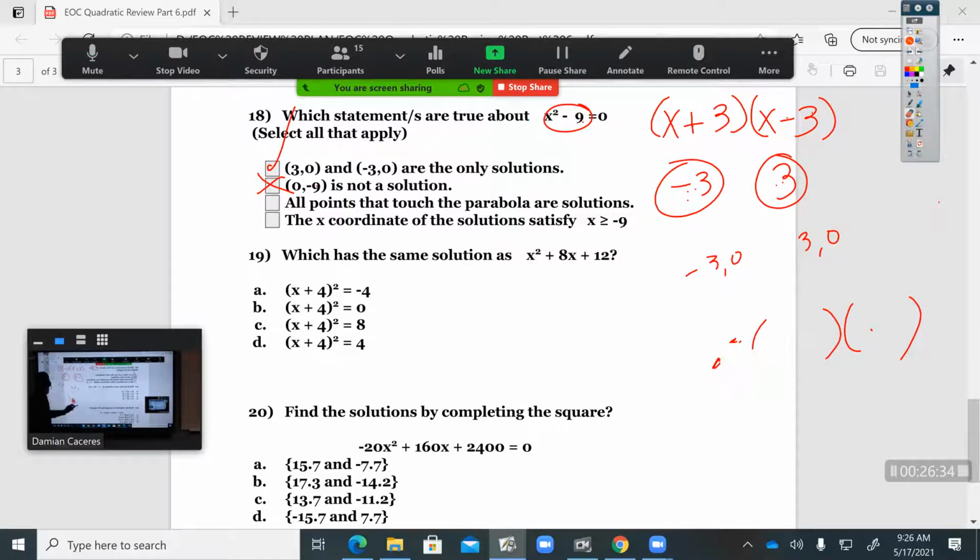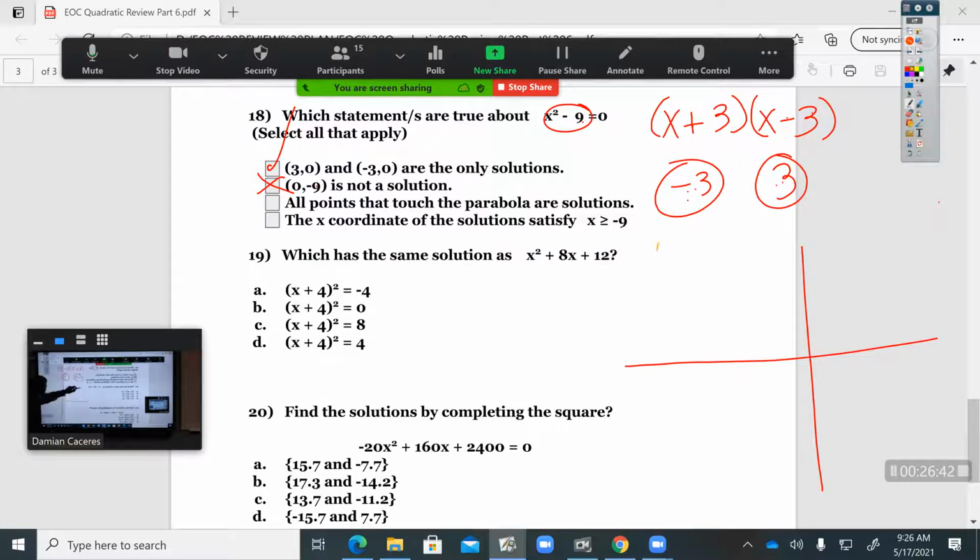Next, it's a vocabulary situation. Just reminding what a solution is in a quadratic function. So let's say here's your graph, and this here is your U shape, your quadratic function. What would be considered the solution to this U? Right here and right here where it touches the x-axis, right?